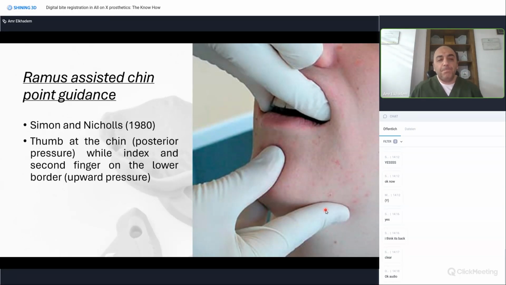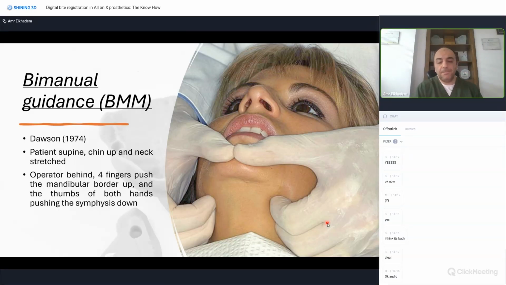And now the people who are doing chin pushing are putting the 2 fingers, the middle and the index finger, below the inferior border, and they are putting a little bit of upward pressure with the backward pressure. And this is called the Ramus assisted chin push guidance. But now the standard of doing a proper centric relation is called the bimanual guidance.